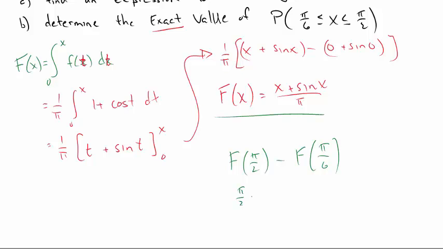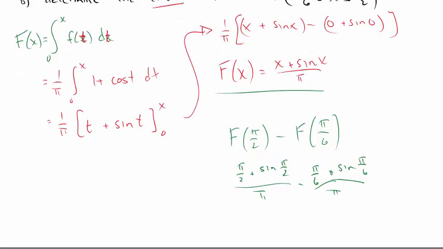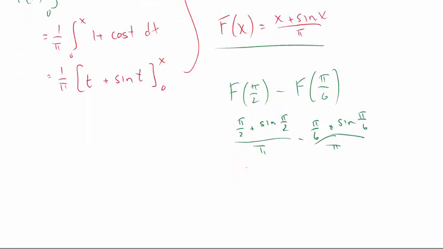So we have pi over 2 plus sine pi over 2, divided by pi, minus pi over 6 plus sine pi over 6, all divided by pi. So we get 1/2 plus 1 over pi minus 1/4 minus 1 over 2 pi.